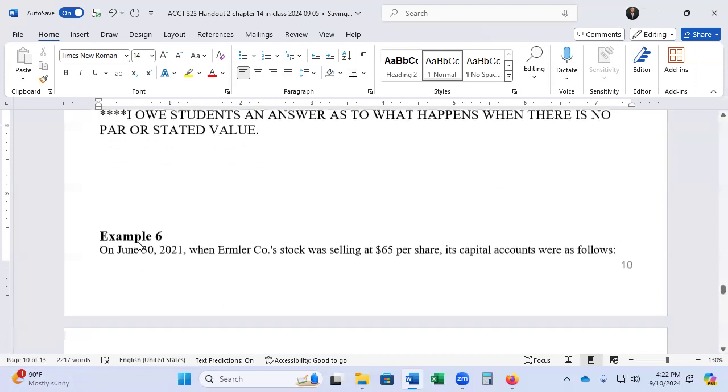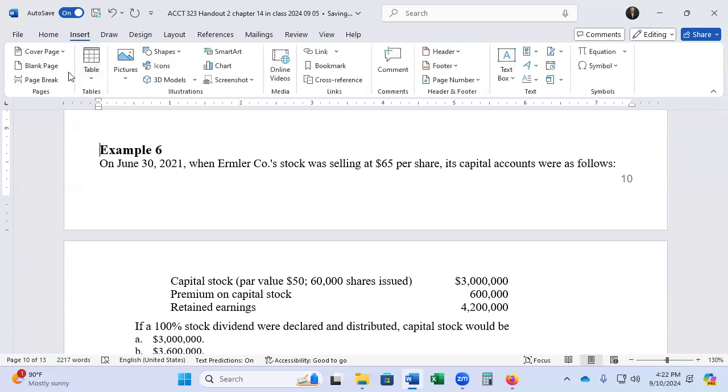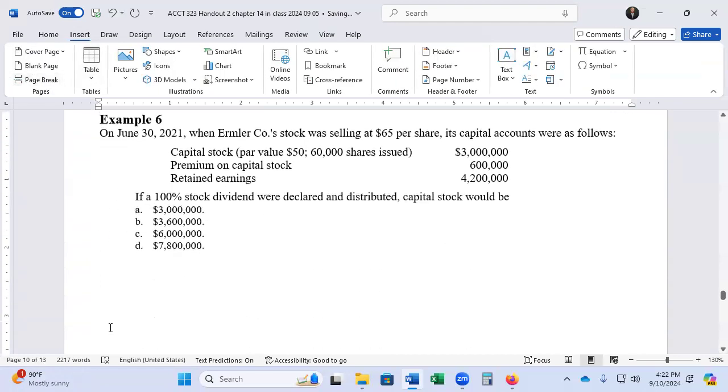Okay. Now we're going to jump into example 6. So shares outstanding equals 60,000 shares.